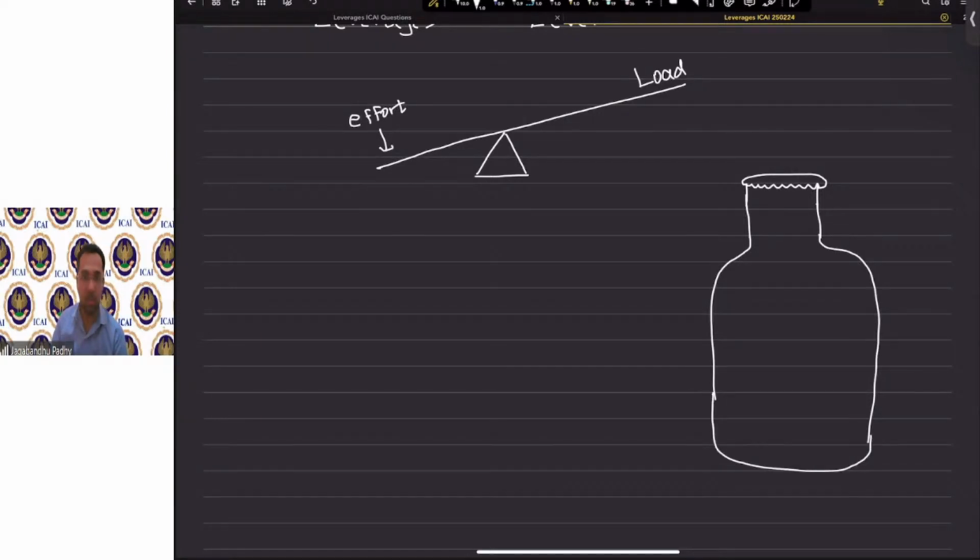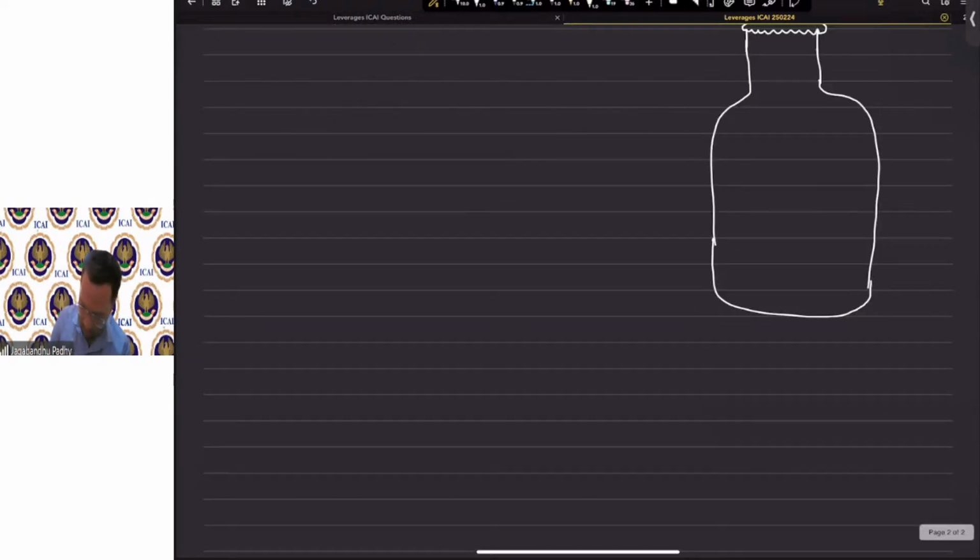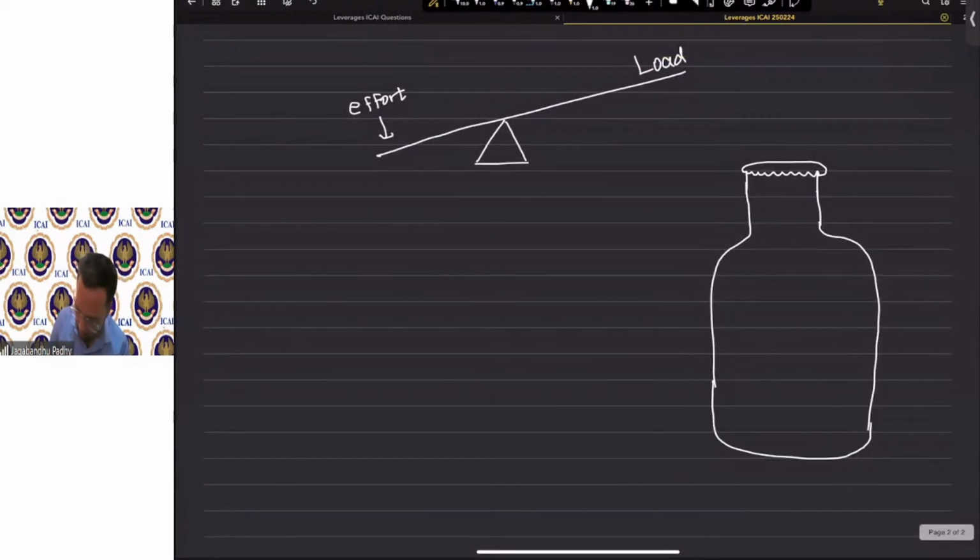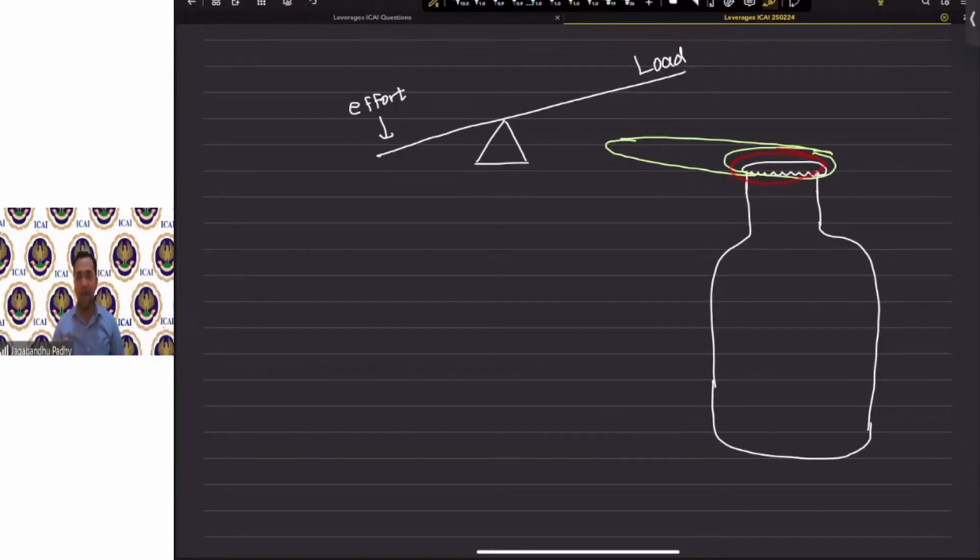Just put in an effort, push it from the other side, the cap opens up. Obviously, you cannot open this bottle with your bare hands.